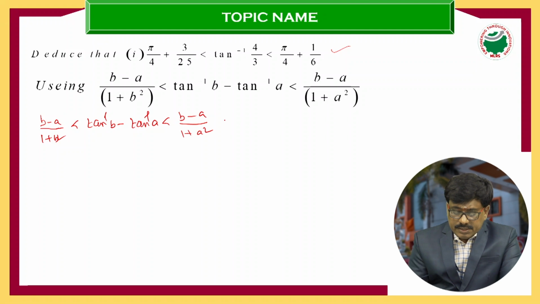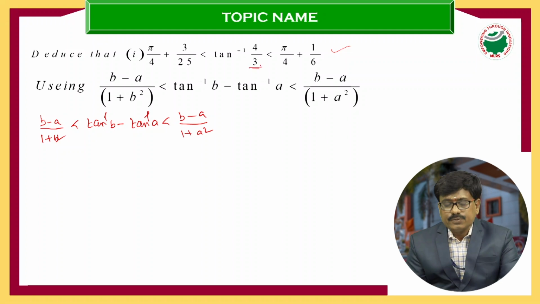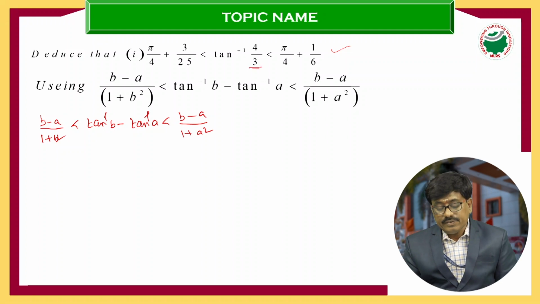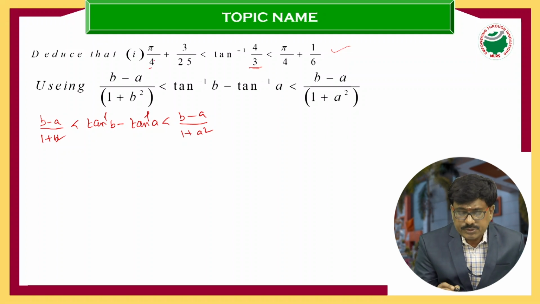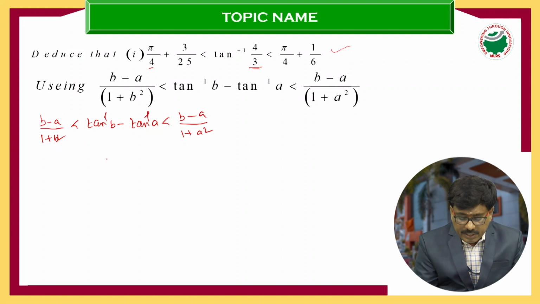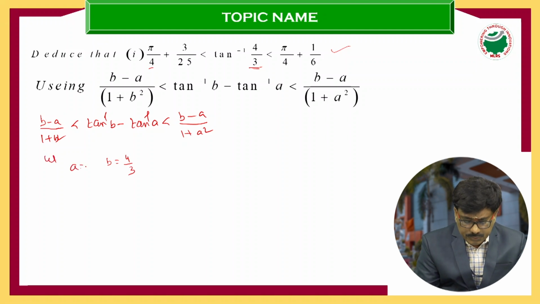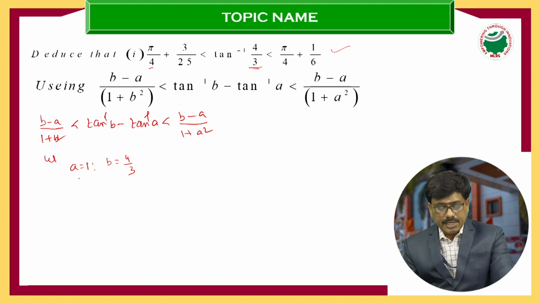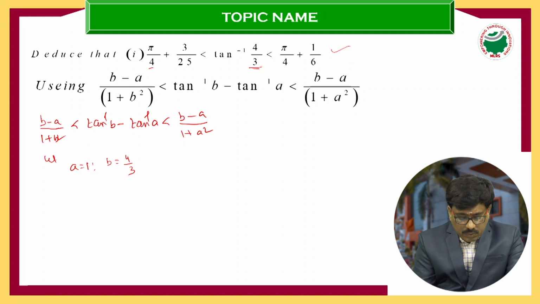In this case, we need to decide which value to observe first. 4 by 3 is the end of the interval. In the question itself, it shows the starting value. The ending value, b, I am going to fix as 4 by 3. Let us assume a equal to 1. We are substituting a equal to 1 in this inequality. What happens?